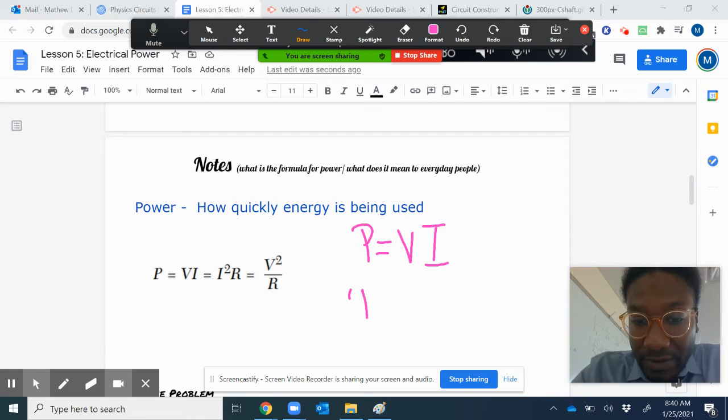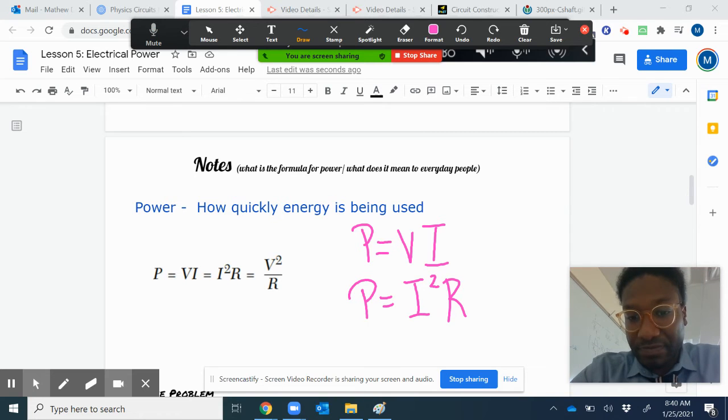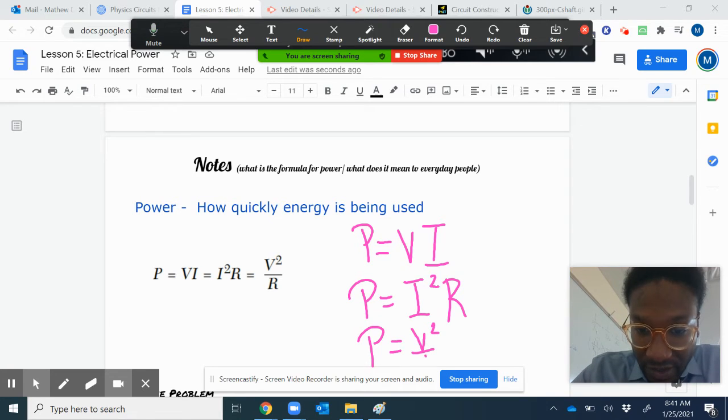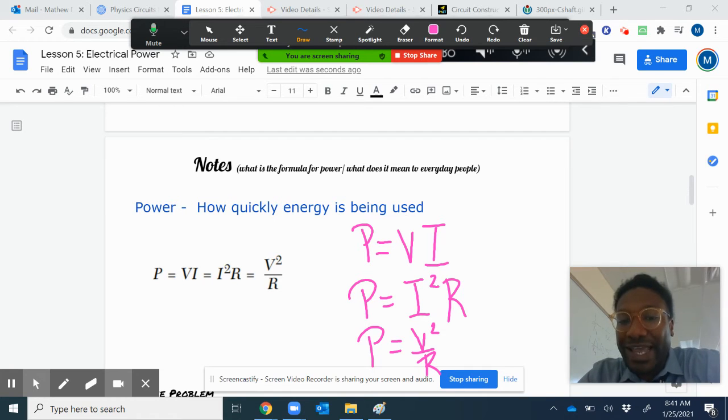Another formula is power equals current squared times resistance. And then another formula is power equals voltage squared over resistance. All of these formulas will give you the same power reading. It just depends on the variables that you're given. So it's not one huge long equation, it's actually three separate equations.